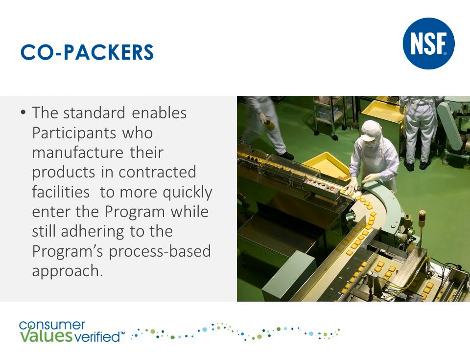So I wanted to talk a little bit about the contract manufacturer or co-packer exemption. In the standard, any manufactured product that is made by an operation contracted by the participant may be evaluated and approved under the program as long as it is a product of a system that has been designed to avoid GMOs. Some of those systems, again, are the organic certification or other identity preservation systems.